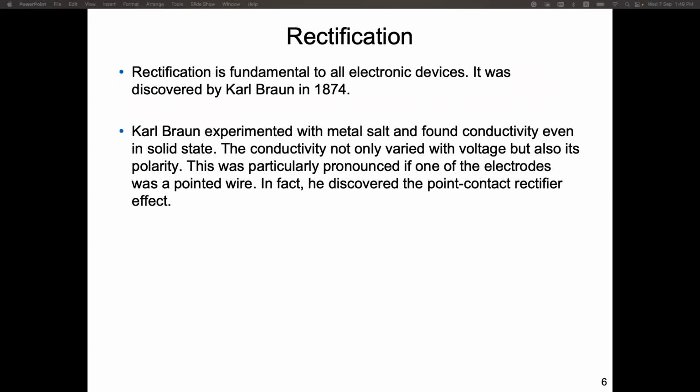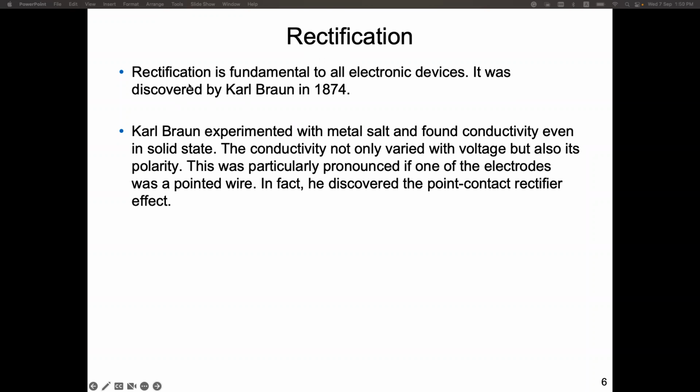So more than 100 years ago, people already invented and applied electronic devices, although the electron had not been discovered yet. The first electronic device was used for rectification, like the diode we use today.